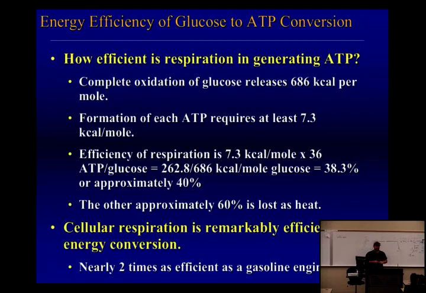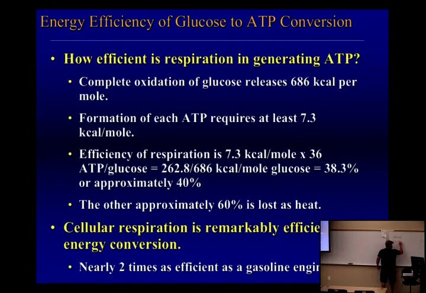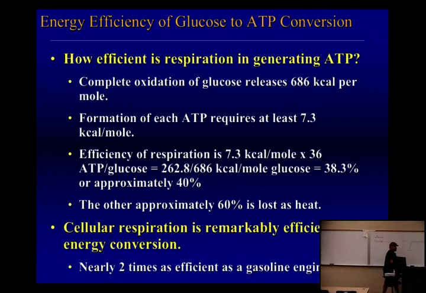And so remember that in the lab, the ATP's value is 7.3 kilocalories per mole, right? So how many ATP did we make? 36. And so what's the total kilocalories that we get out of this?